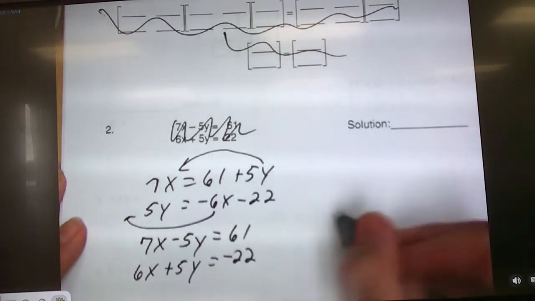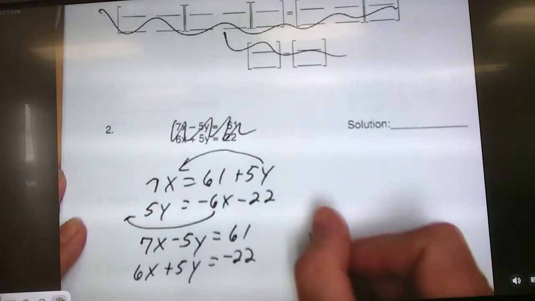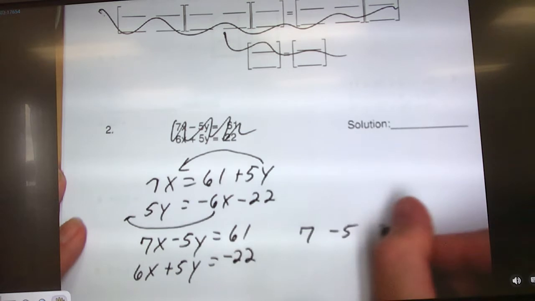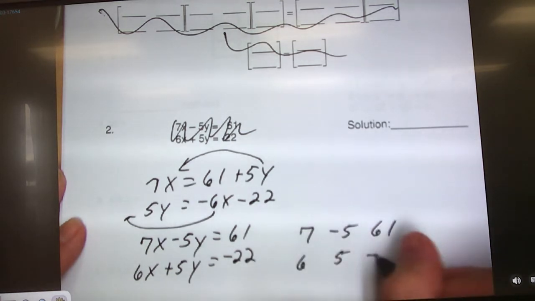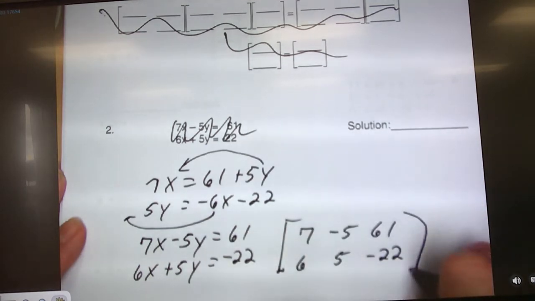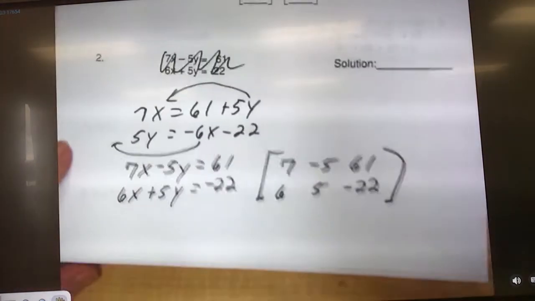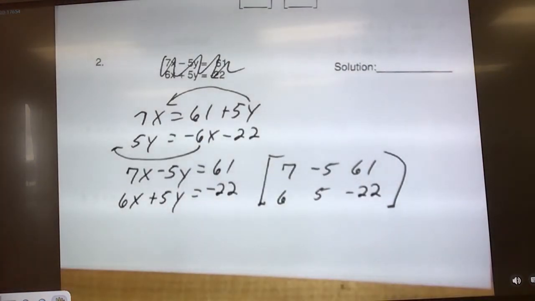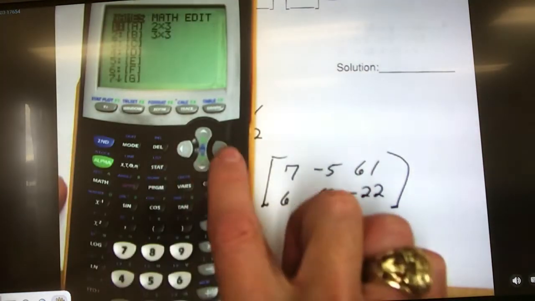Now everything's in ABC order, so I have my matrix. I just write down the numbers, 7, -5, and 61, 6, 5, and -22. And I see that once again, I have a 2 by 3 matrix. Okay, so what I'm going to do is take that, replace the ones I already have in my calculator, second matrix, go to edit.